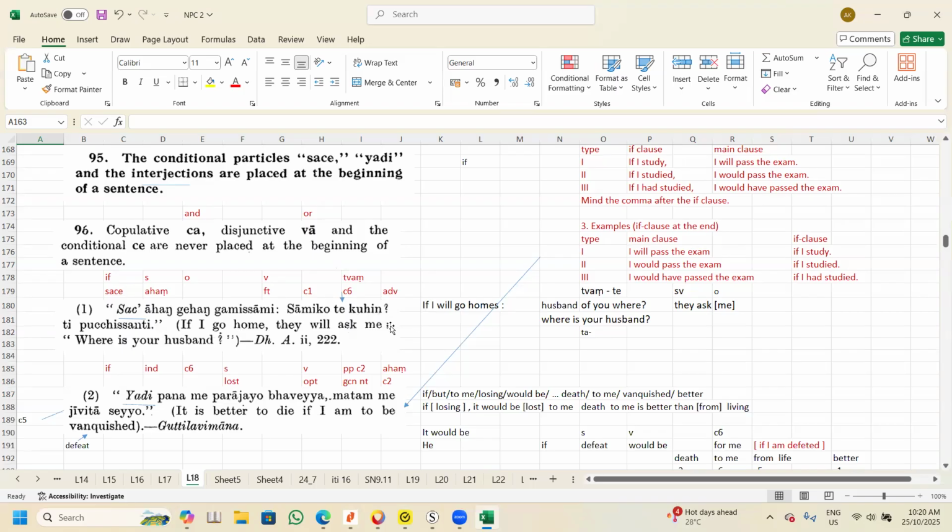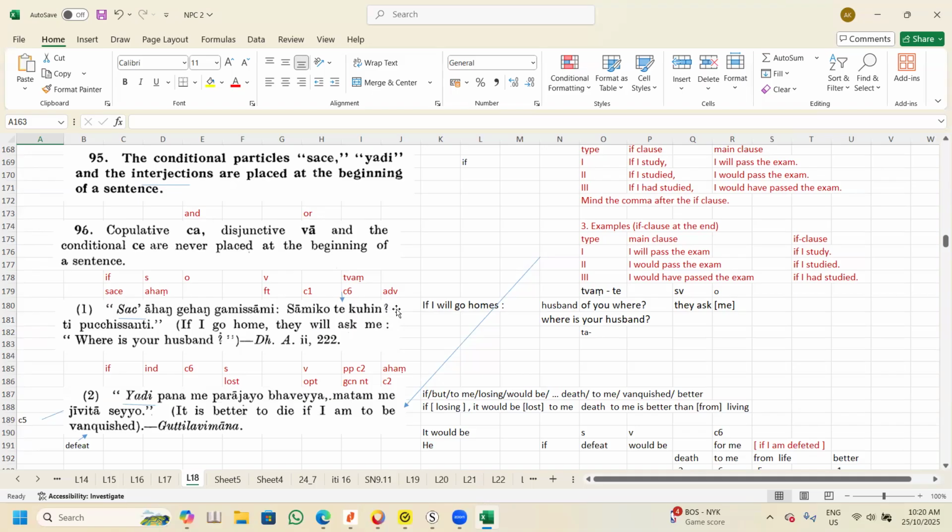Kuhim is an interrogative adverb. That means if you look at this, can you see here? Samiko, technically, husband. They, yours. Of you means yours. Where? So in certain parts of the Pali, the interrogative can appear in front.